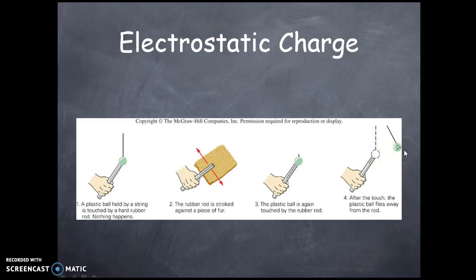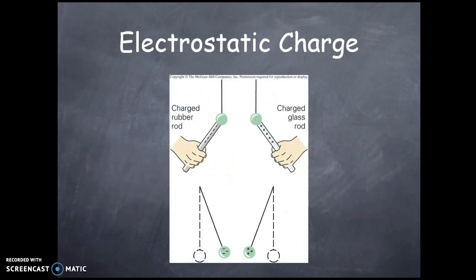This type of charge, we call it electrostatic charge. A charged rubber rod: if it has a negative charge, and you take it to the neutral plastic ball and keep it for some time, then the plastic ball will become negatively charged.